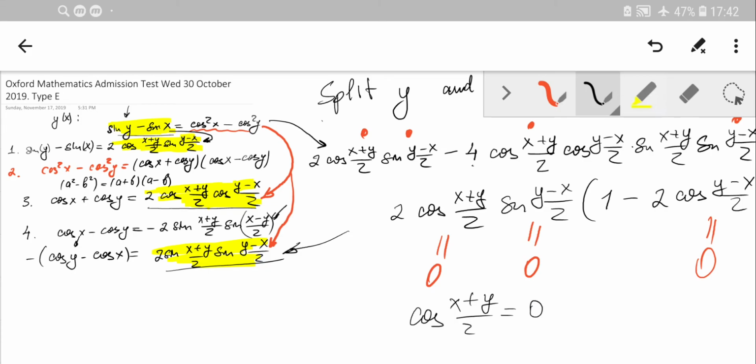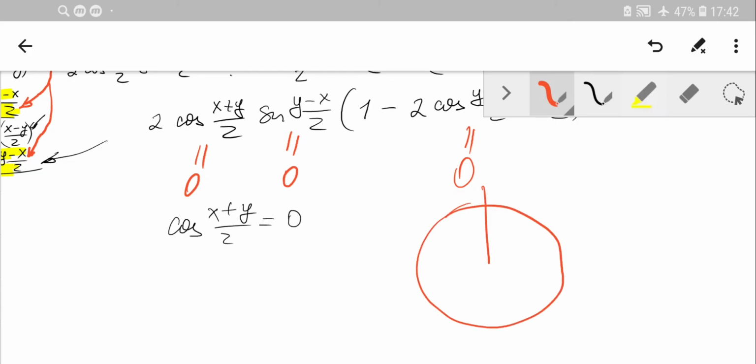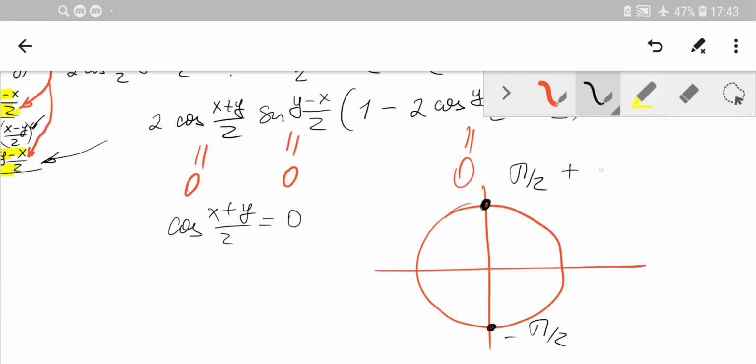And in this case, if we start trying to solve, just remember unit circle. So cos of (x+y)/2 is 0, so it's pi over 2 in radians and minus pi over 2. But because we're looking for a general solution, obviously there will be an infinitely big amount of solutions, because to each one we can add 2 pi n. So finally, we'll get the following.